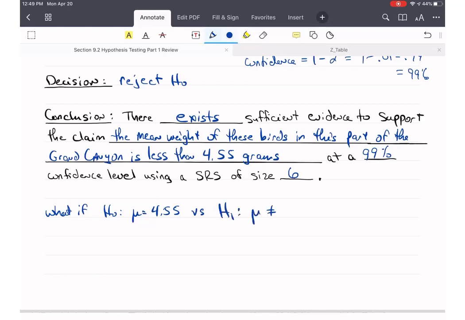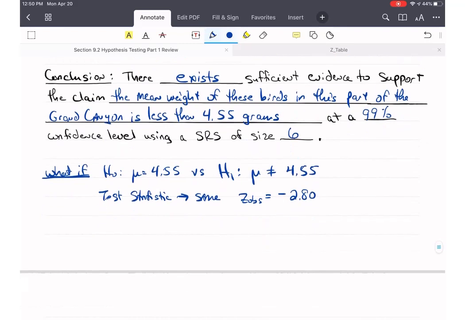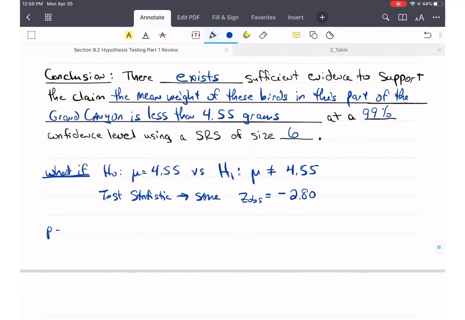Mu not equal to 4.55. What if, okay? How would this change? Well, my test statistic, same. Z observed equals negative 2.80. Okay. But p-value.